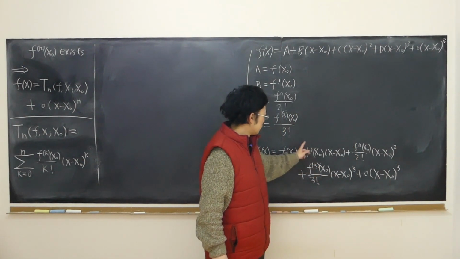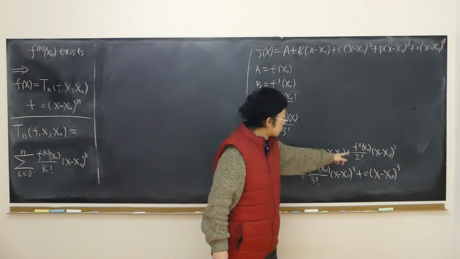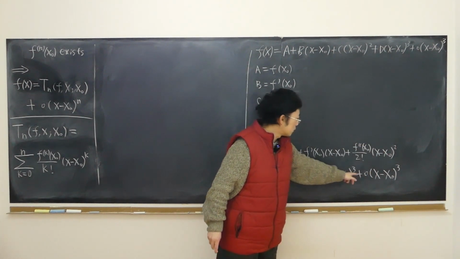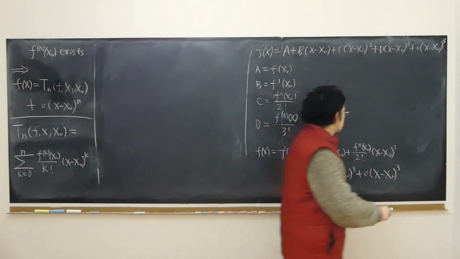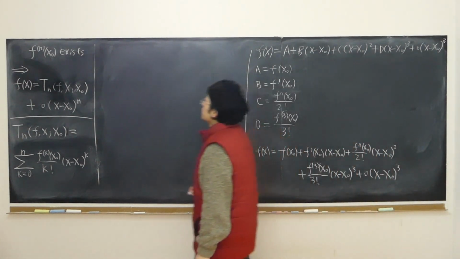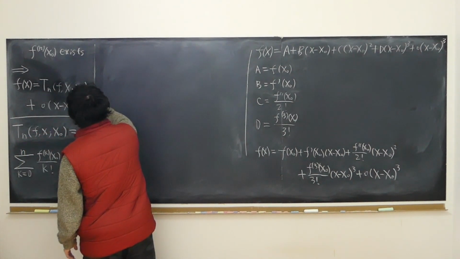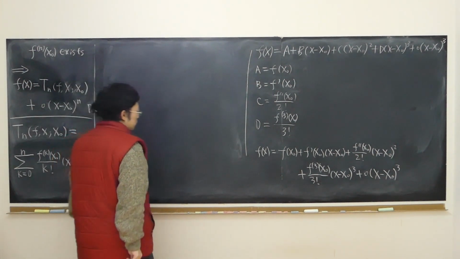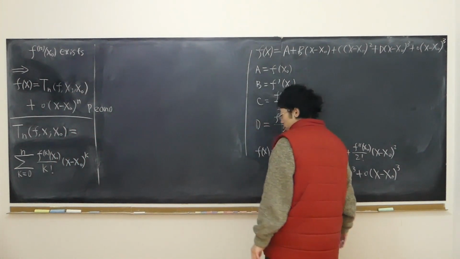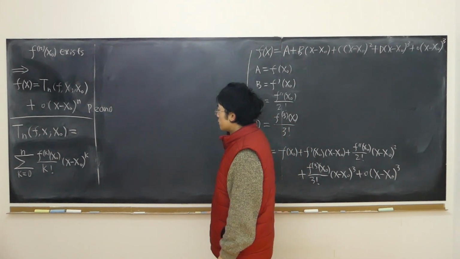Nice pattern, right? Multiplying our polynomial, x minus x naught to the power of 1, to the power of 2, to the power of 3. In the end, we have a Peano remainder. This is called the Peano remainder.